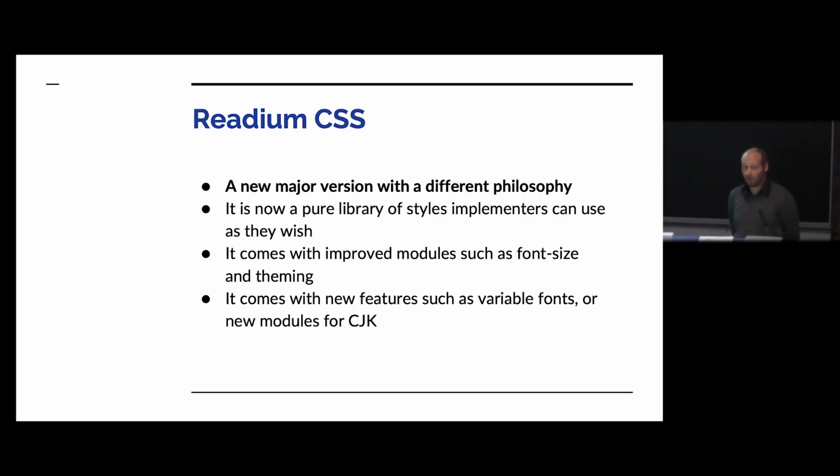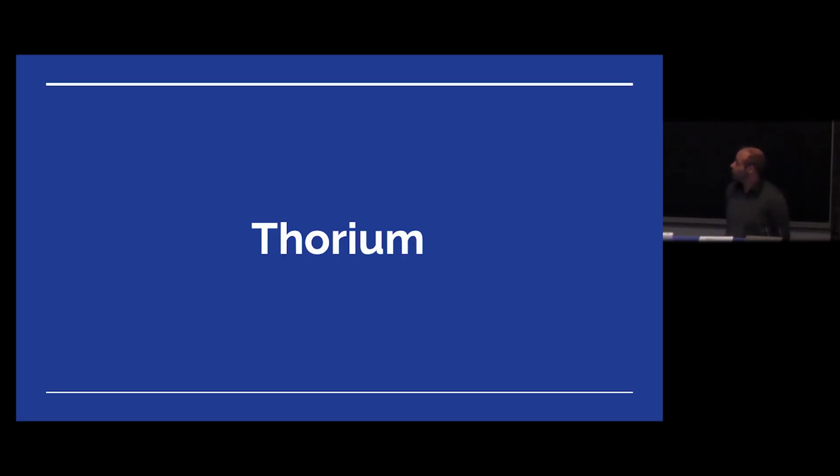It is now a proper citizen in Readium CSS, and you can use it directly from that. We also documented variable fonts with all the variants they are supporting, so that you can start with confidence implementing such a feature.